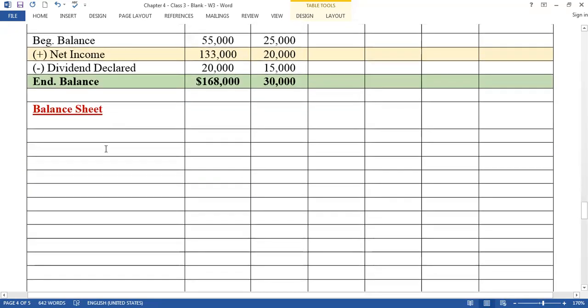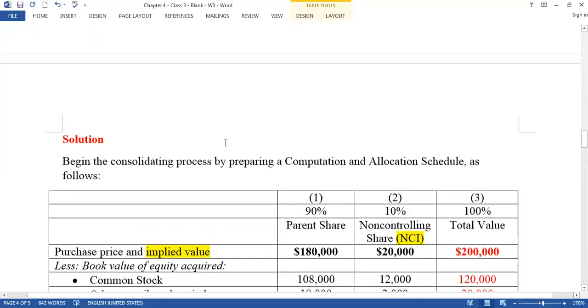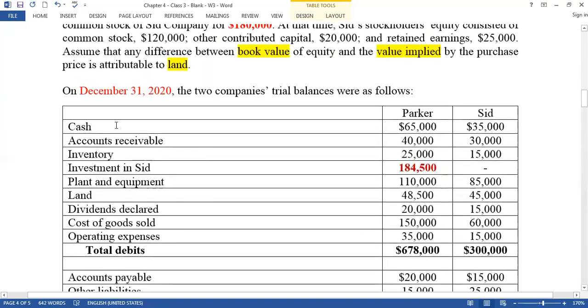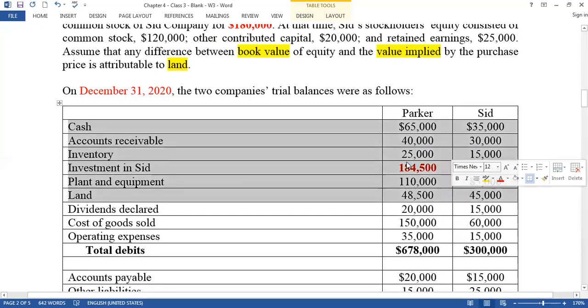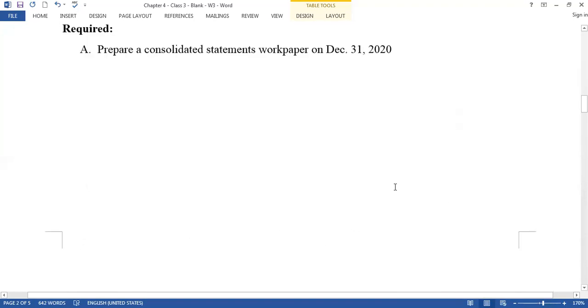Now we are under the balance sheet, and you know that the balance sheet follows assets, liabilities, and equity, right? We have this in the question. These are the assets, up to here.